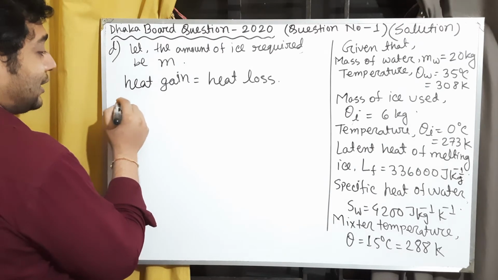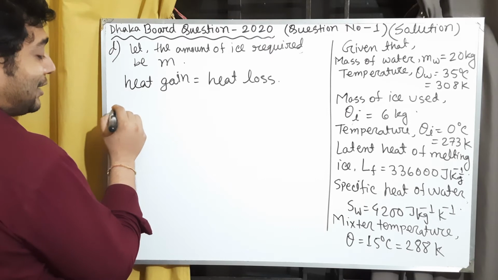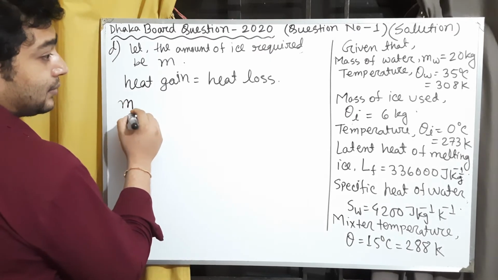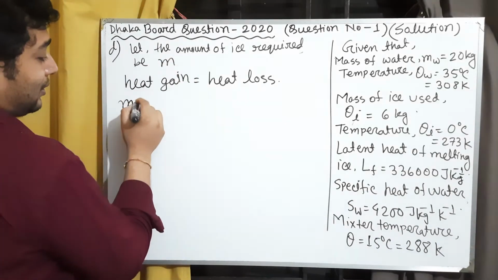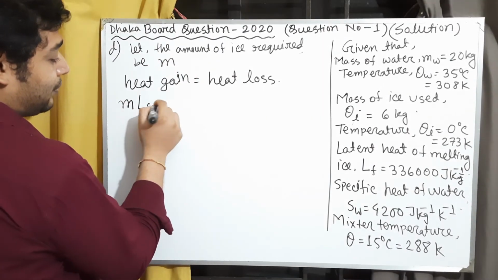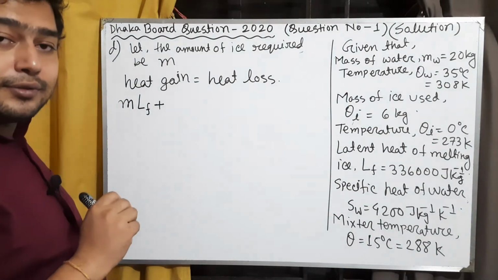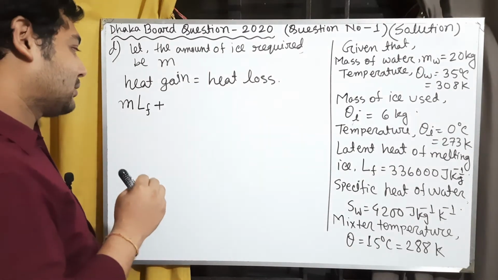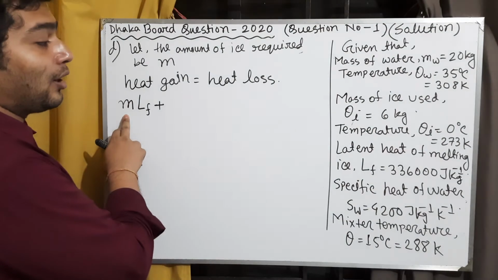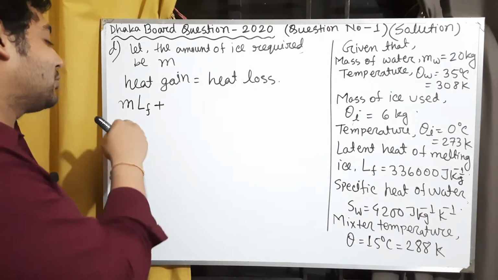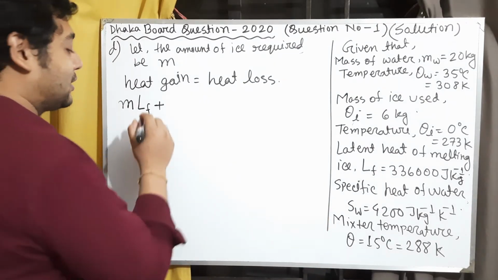In this step the heat gained will be M L_F, plus the heat to convert this 0 degree water to 15 degree water, M S_W Δθ, equal to M_water S_W Δθ.